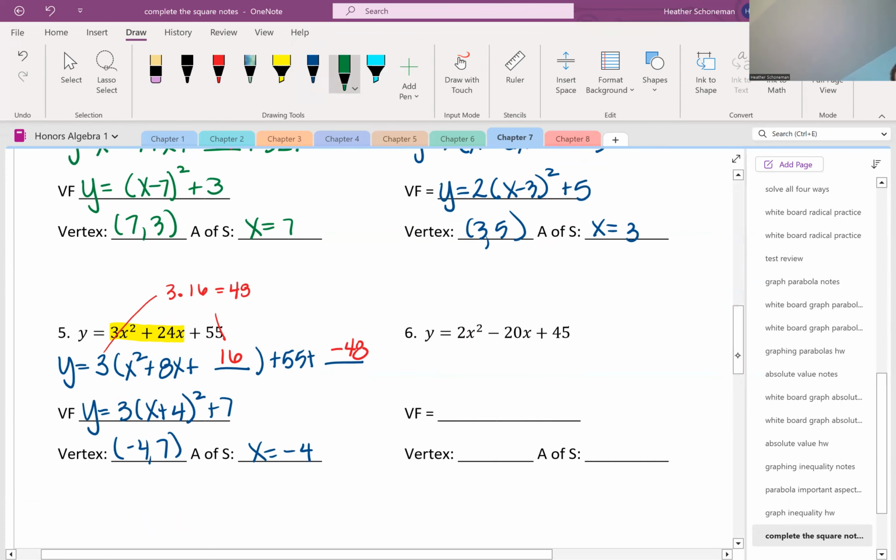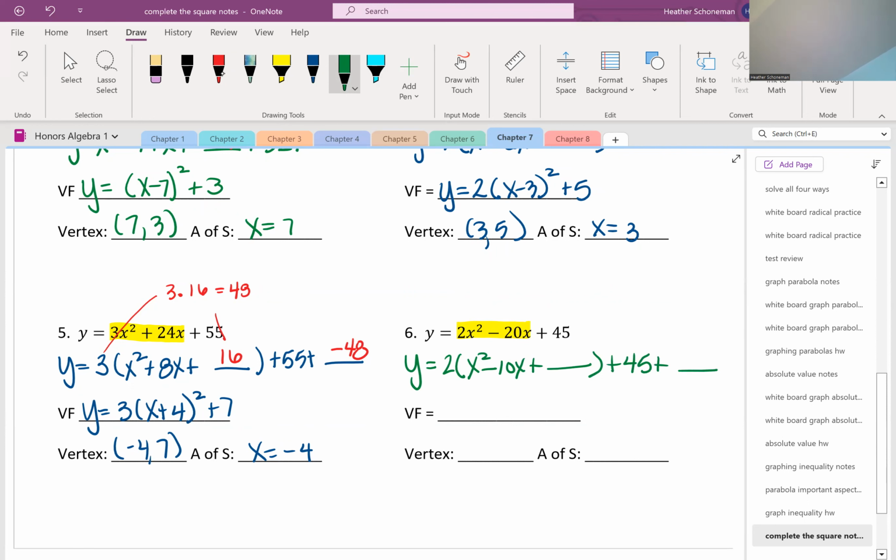All right, another one. You can only complete the square if the leading coefficient is an invisible positive 1. And it's not. So I'm going to factor out a 2, but only from the first two terms. So I take out a 2 here, and that leaves me with x squared minus 10x plus blank, close my parentheses, plus 45 plus blank. So to fill in the first blank, I'm going to take half of 10, which is 5. 5 squared is 25.